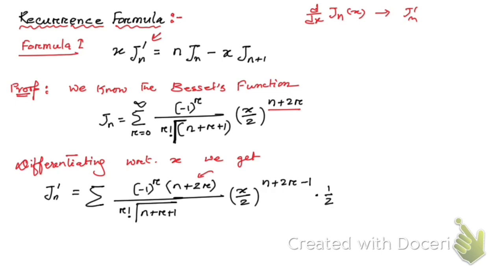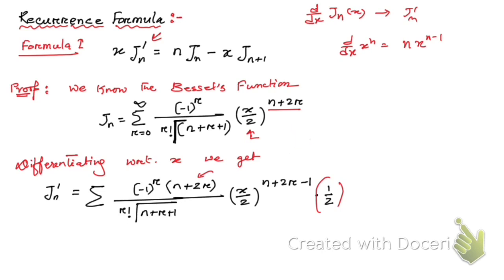Hope you have understood this. That means we have applied d/dx of x to the power n, which is nothing but n into x to the power n minus 1. But instead of x, we have x by 2, so we need to differentiate again, function of a function. If you differentiate x by 2, then you're going to have half here. Hope you have understood this.